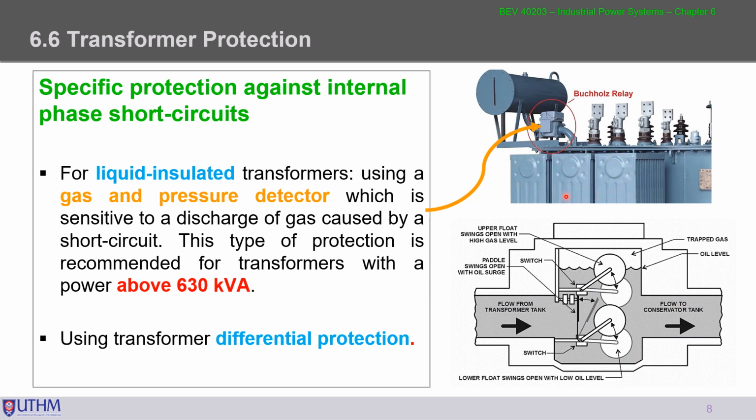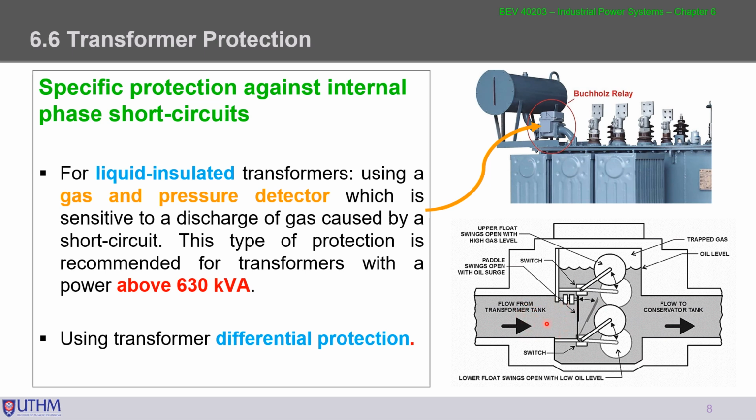And here is the Buchholz relay. This relay is connected between the oil tank of the transformer and the conservator. The purpose of this Buchholz relay is to trace what happened inside the insulation.